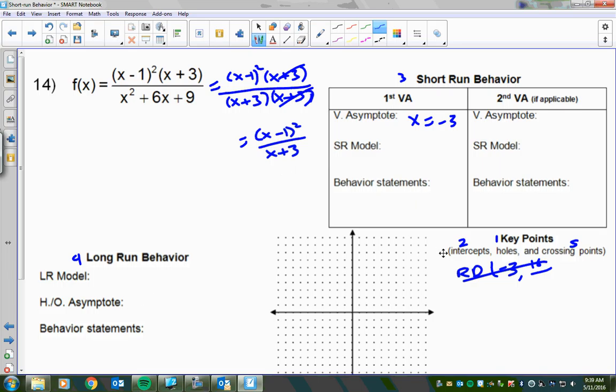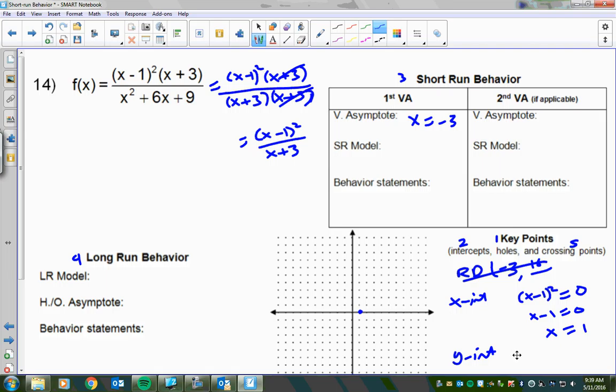All right, now do intercepts. Let's see. When does the numerator equal 0? We'll try to find the x-intercept. Well, when x minus 1 is 0. Basically you get 1, right? Put that there for your x-intercept. What's the y-intercept?